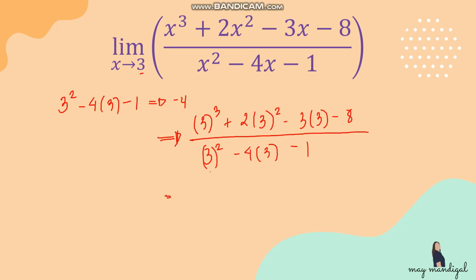And then you simplify the numerator, so that will be 28. And then you divide it by the denominator, which is negative 4. So simplifying this, we will get negative 7. So therefore, our function approaches negative 7 as x approaches 3.